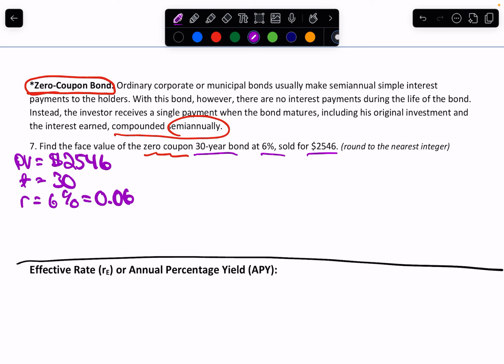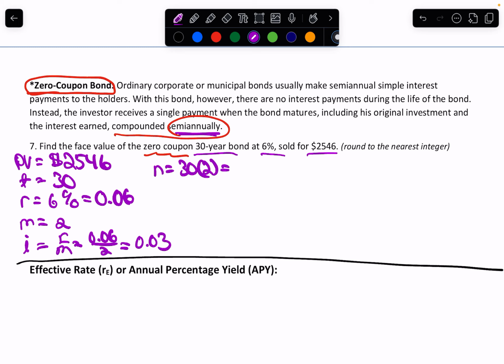So remember, this is compounded semi-annually, so our M is going to be 2. So we're going to go ahead and do I equals R over M, so 0.06 divided by 2, which is 0.03, and then our N is going to be 30 times 2, which is 60.